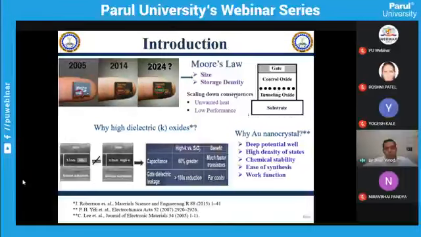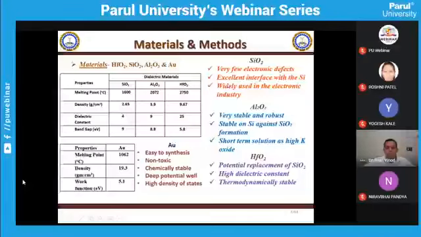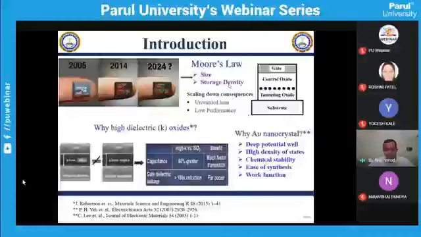So here are the conventional devices people have used for scaling, performance and all, which we all faced in our mobile phones.